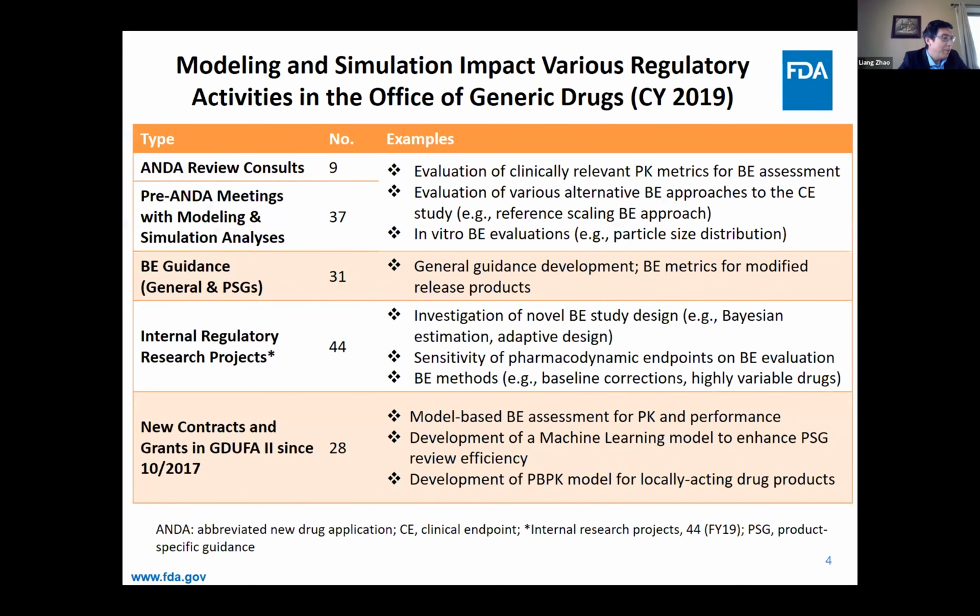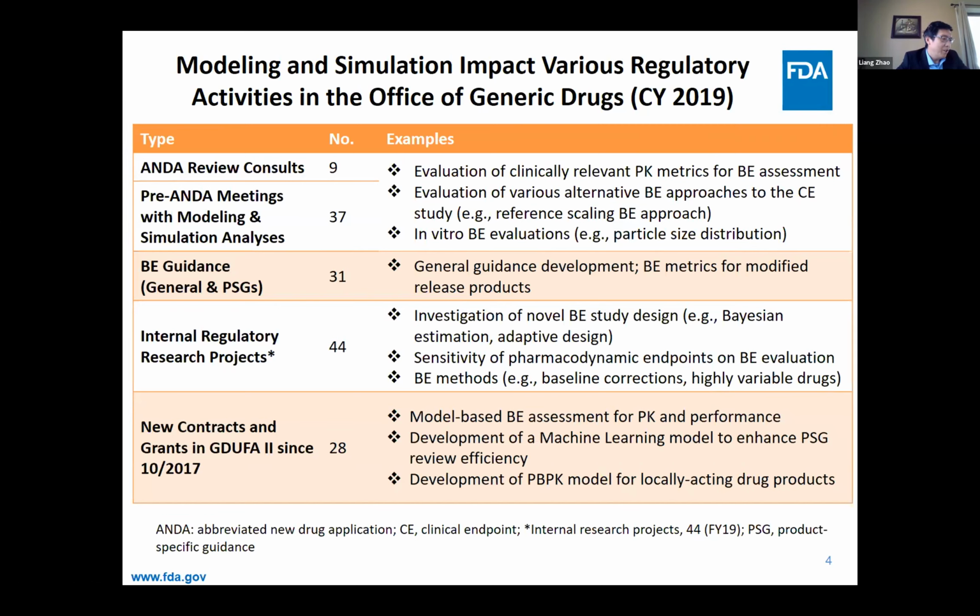Modeling and simulation impacts various regulatory activities in the Office of Generic Drugs. In calendar year 2019, and in 2020, we have a similar picture. QMM-related regulatory review activities include ANDA reviews, pre-ANDA meetings, and guidance development. Pre-ANDA meetings more resemble the pre-IND, end-of-phase 2, and pre-NDA submission meetings for new drug development.